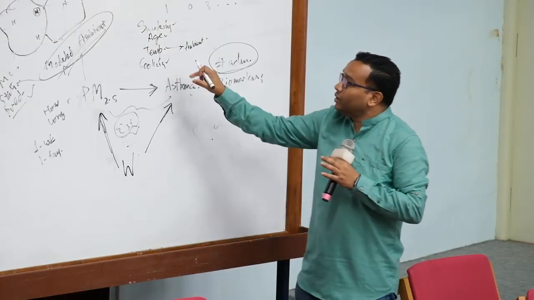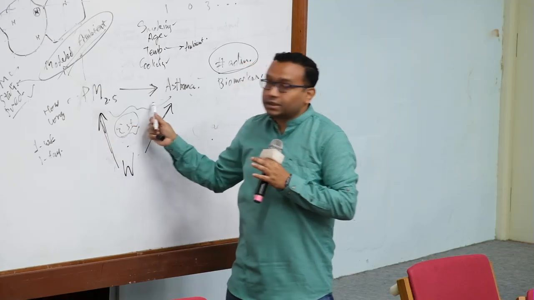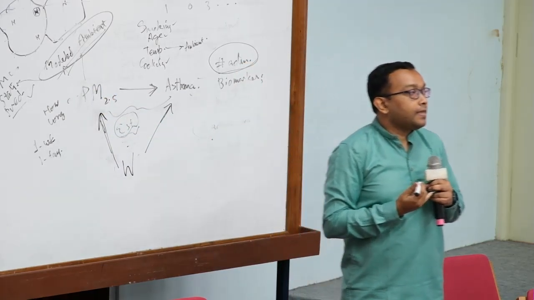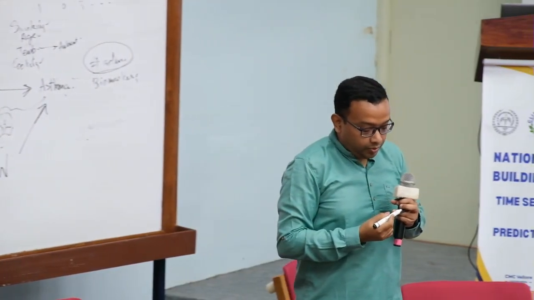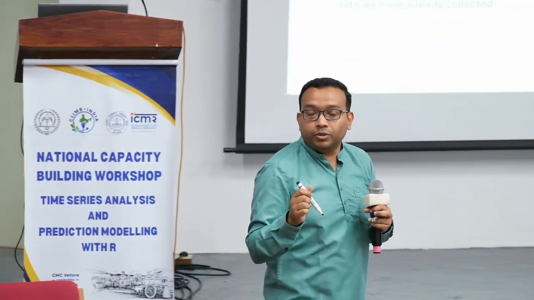Now tell me which of these are confounders for this association. Remember how we have measured it. What was the PM 2.5 in this case? It was not just straight PM 2.5. What was it?